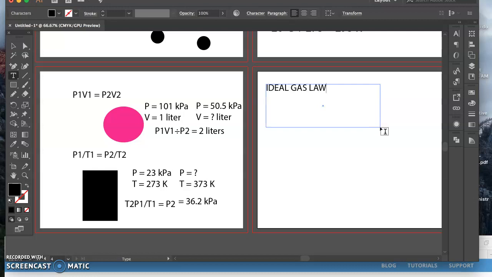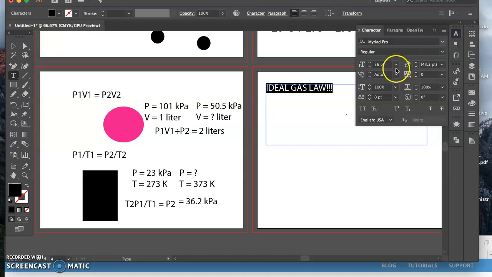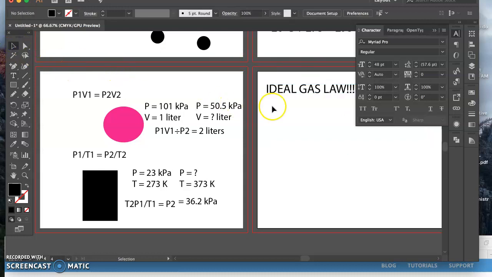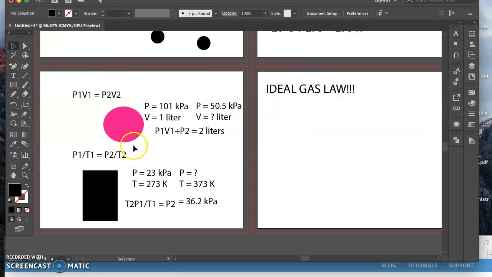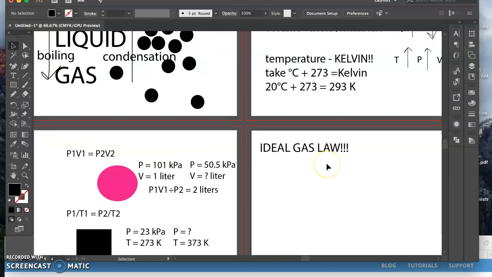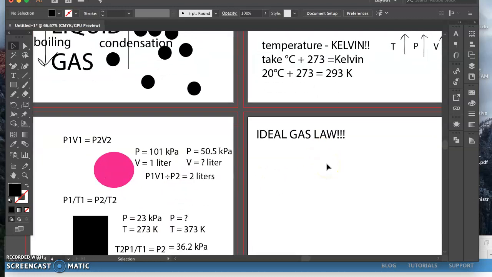Ideal gas law. And this is one of those formulas that I have memorized because it's an important one. It comes up a lot. And not just for solving problems, but if you remember the ideal gas law, you don't have to remember any of these formulas. You just have to remember the one law, the one formula.